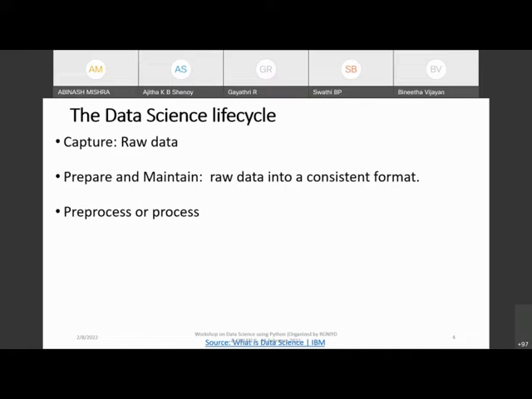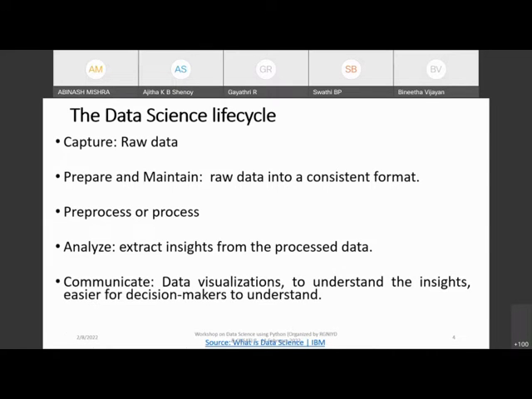Then you can reduce the dimension of the data by applying dimensionality reduction techniques like PCA, wavelet transformation, singular value decomposition, etc. After that, you go to the next phase, which is the important phase, the analyze phase, where you apply data mining, machine learning, and deep learning concepts or any other predictive analytics concept to get the insight which is hidden inside the data. So the actual analysis you are doing in this fourth phase.